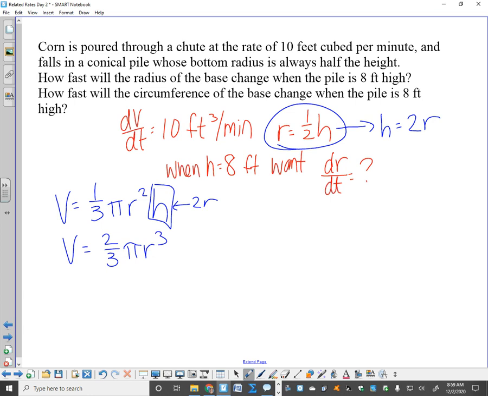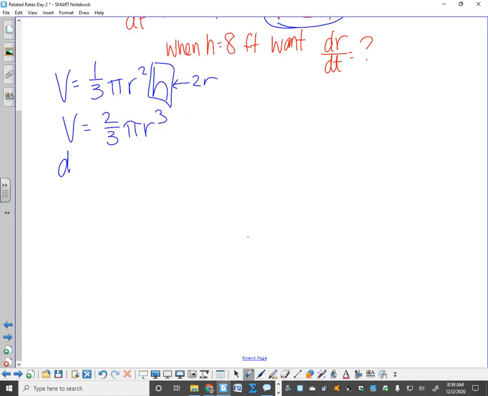Make sure you're okay with that. Now I can take the derivative, and it's not a product rule, and I have no dh dt, because I have no h's anymore. All right, so here I go. dv dt, pull the 3 down, 2 pi r squared dr dt.